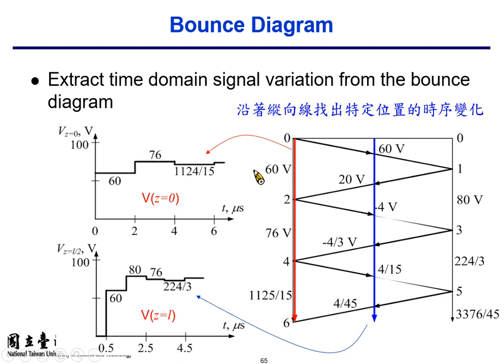Because eventually this is a simple DC circuit. One important thing is that the transmission line effect only appears during the transient period.